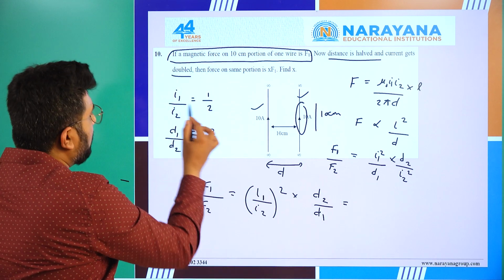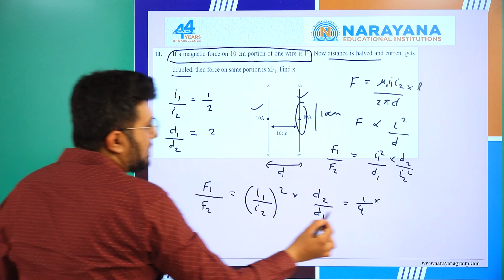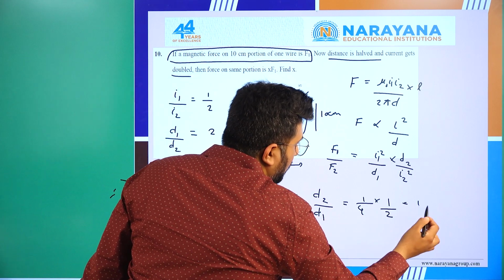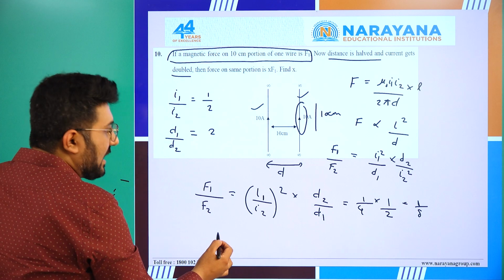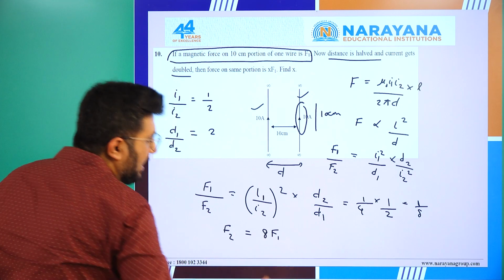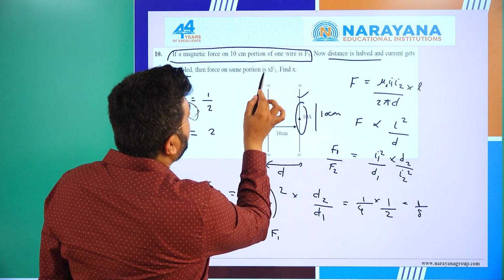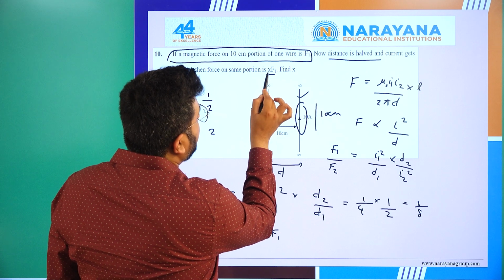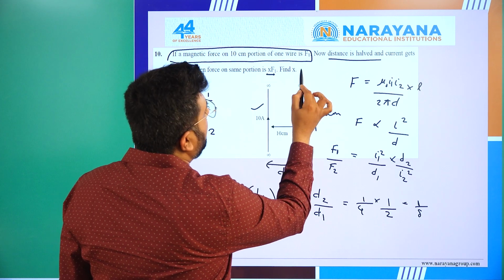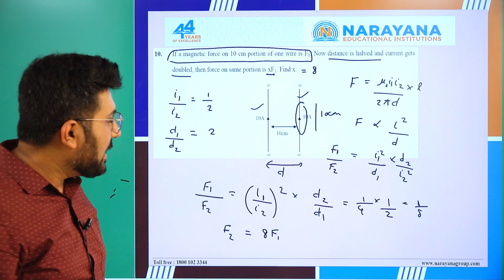Now I1 by I2 whole square means 1 by 4, and D2 by D1 is half, that means 1 by 8. So I will get F2 equals 8 F1. They have asked for the new force F2 as x times F1, so the value of x is equal to 8.